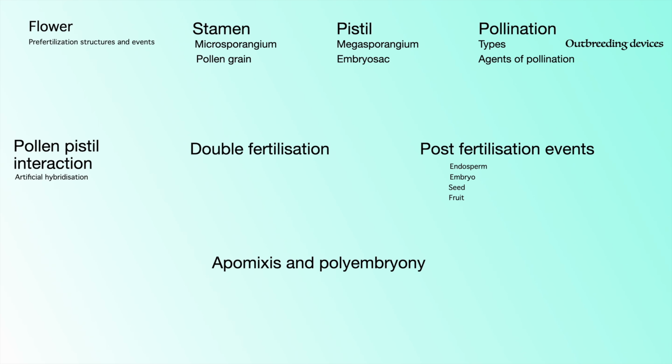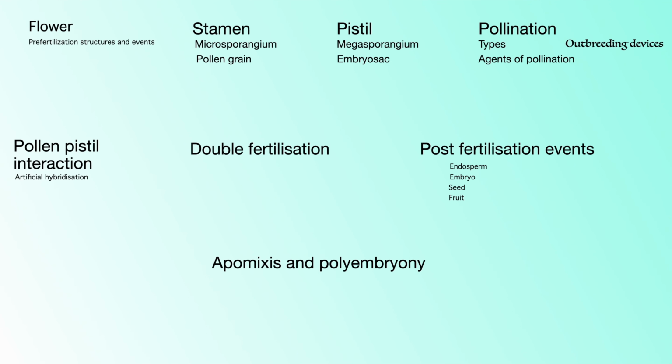When a fruit is produced without fertilization, it is called parthenocarpic fruit. Here in apomixis, seed is produced without fertilization. So basically, apomixis is a form of asexual reproduction, but it mimics sexual reproduction.